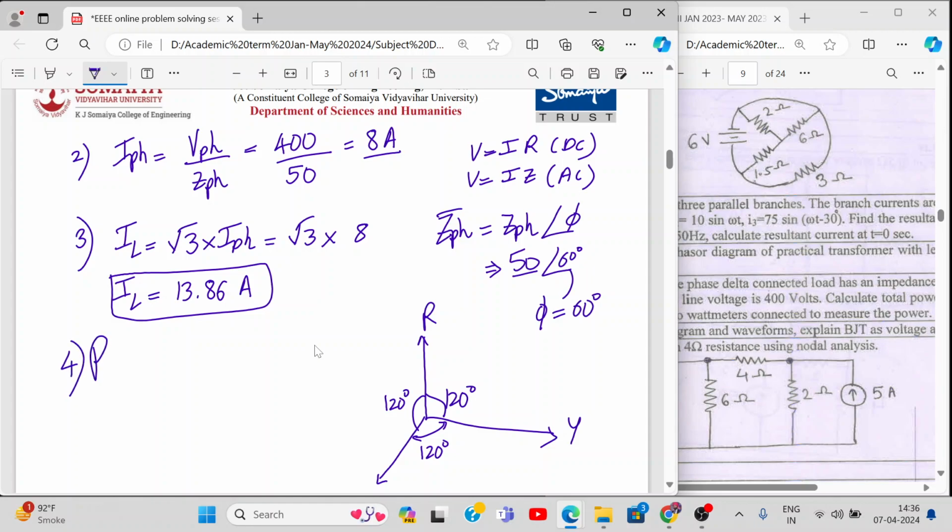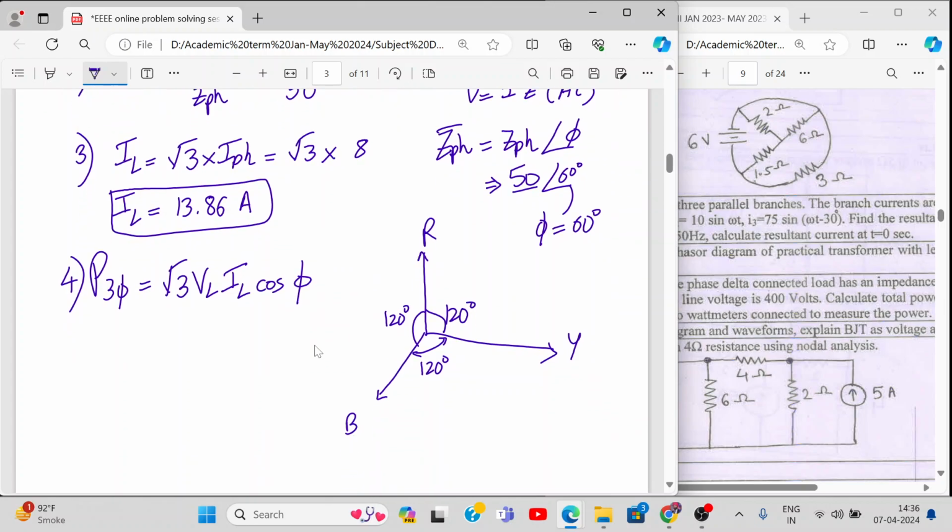Because power. So power in a three phase system is given by root 3 VL IL cos phi L. Okay, cos phi. VL IL cos phi. So power in a three phase network is root 3.